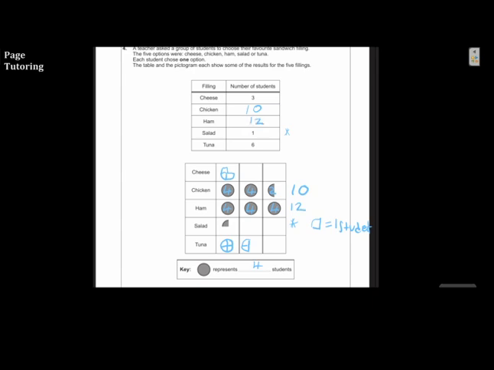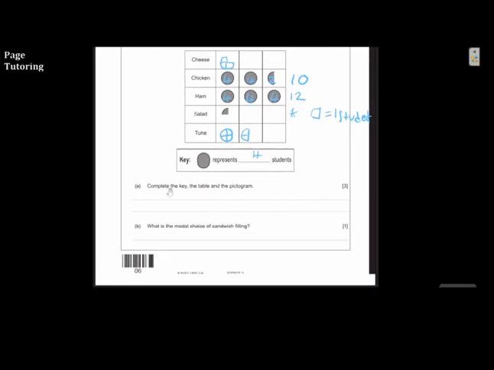So that is the end of part A. So we've completed the table, the key, and the pictogram, and there's some room at the bottom to do some writing. So if you wanted, just in case you have a very mean examiner, you can write your working out of that 1 quarter equals 1 student, and you can write that you got that information from salad.